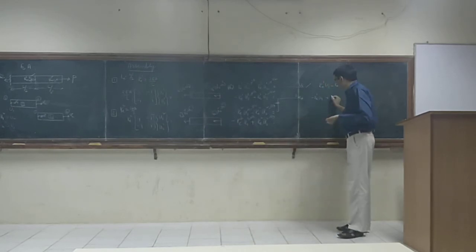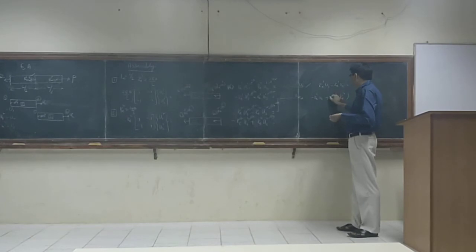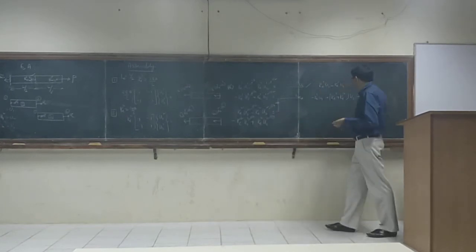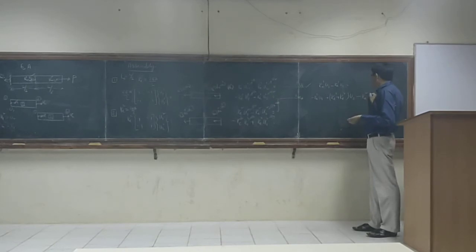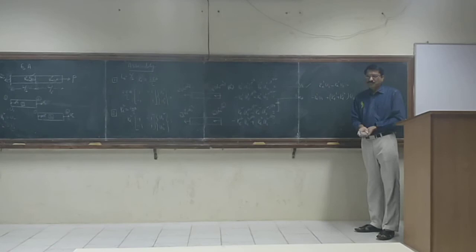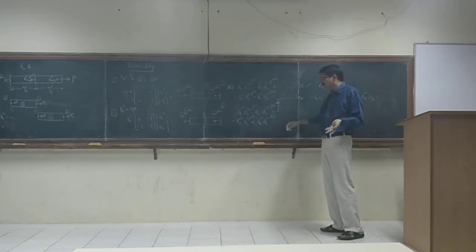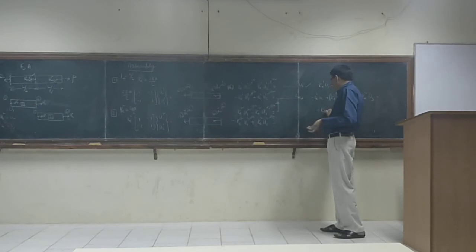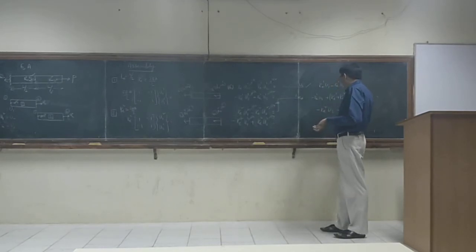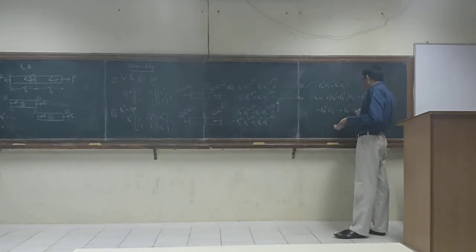So we can say KE of 1 plus KE of 2 times U2 minus KE2 times U3. Then the last equation is only one: minus KE2 times U2 plus KE2 times U3 is equal to.